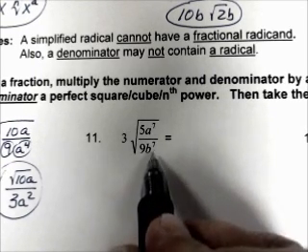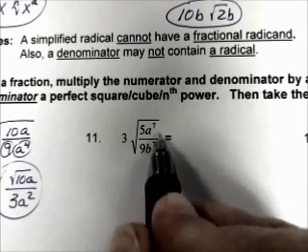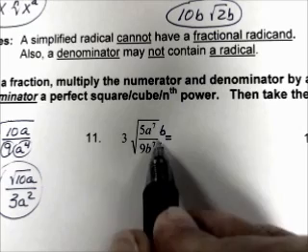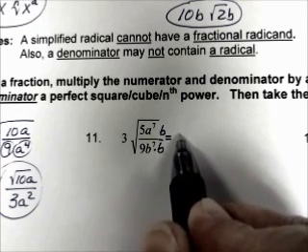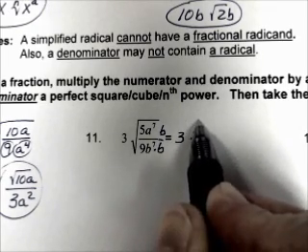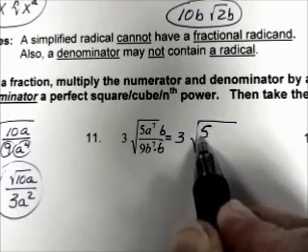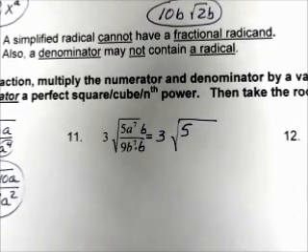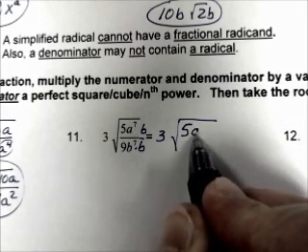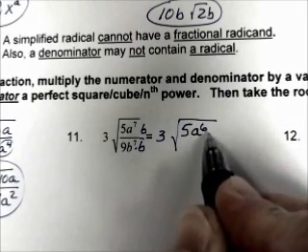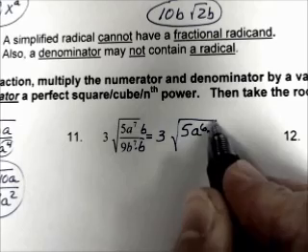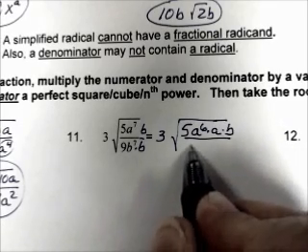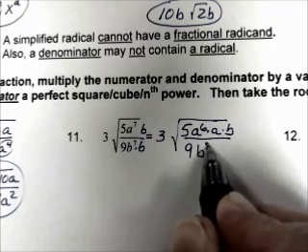So if we multiply by b, we're actually multiplying by 1 in the form of b over b. So we'll have 3 times the square root of 5. Now when I write 5a to the 7th, I'm going to write a to the 7th as its perfect square factor of a to the 6th times a times b over 9b to the 8th.